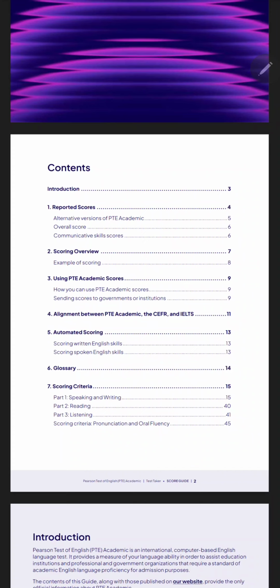I think I can skip this part because I just want to have something new to challenge myself academically, apart from just writing, research, etc. Alignment between PTE Academic, the CEFR, and IELTS.